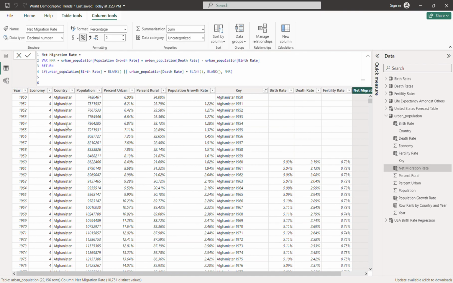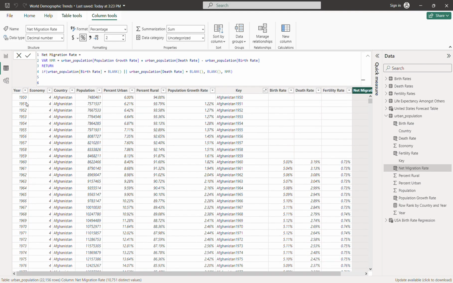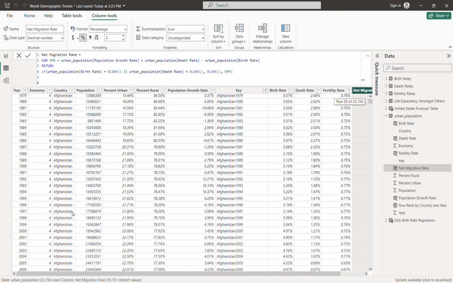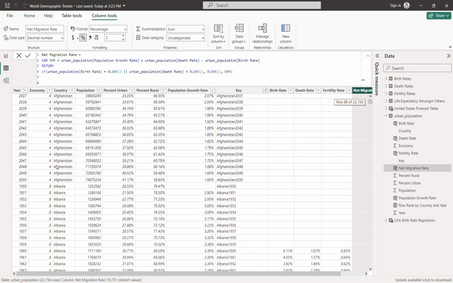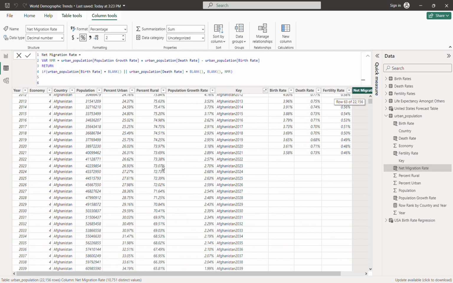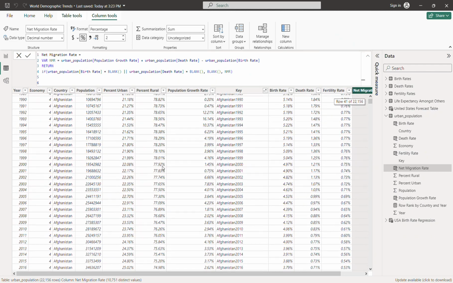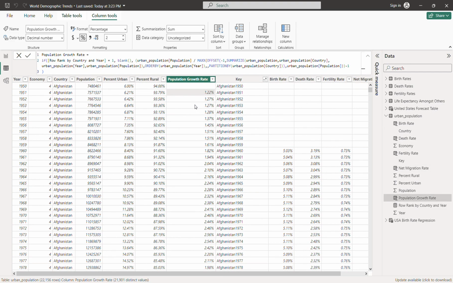If you scroll down, you can see Afghanistan right here, from 1950 all the way to 2050, with the population forecasted for this urban population table. With that, I was able to calculate the population growth rate. You can see the calculation here, which isn't very straightforward to do in Power BI. That's one of the limitations of Power BI, I would say.